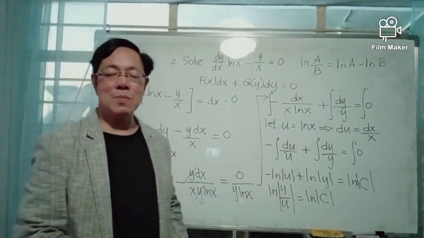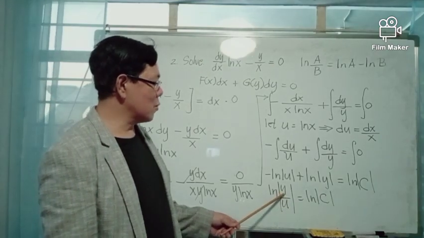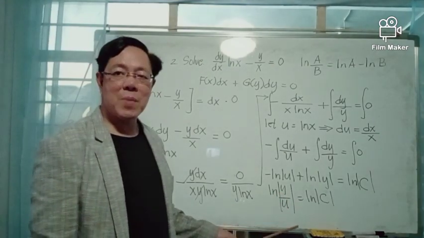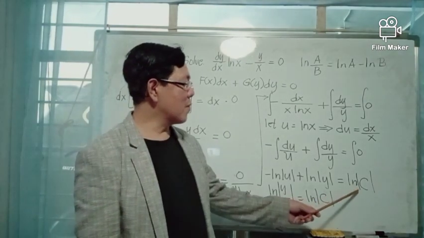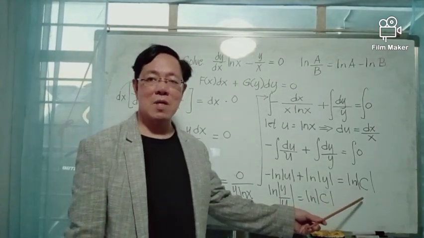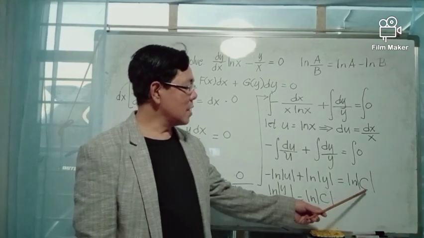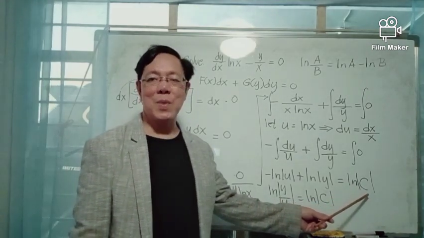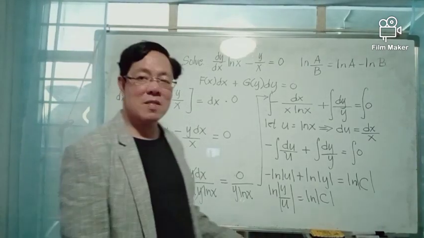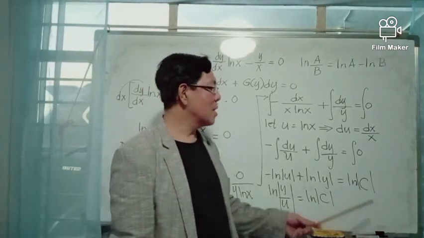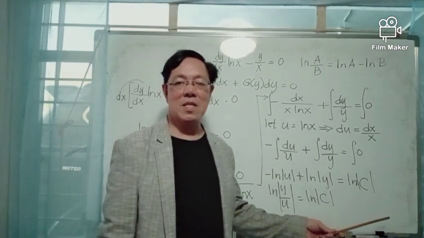We write the absolute value sign because we are not sure whether y over u is positive, and it has to be positive. Similarly, for c, we write ln of c. Here now, with the absolute value, c can be any constant, positive or negative, and if c is negative, we take its absolute value and we get the ln of a positive number.